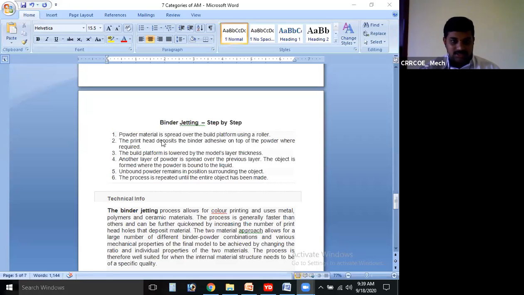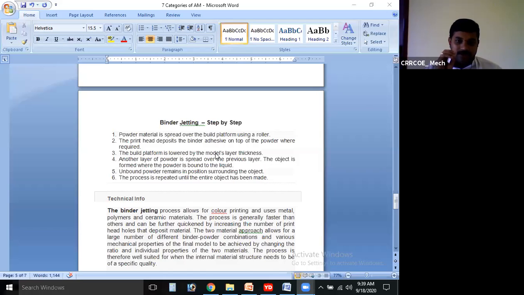Another layer of powder is spread over the previous layer. It is a similar thing, there is no difference. The process is similar and the same for almost all kinds of techniques. The difference is the materials used in the particular process, which is very important.